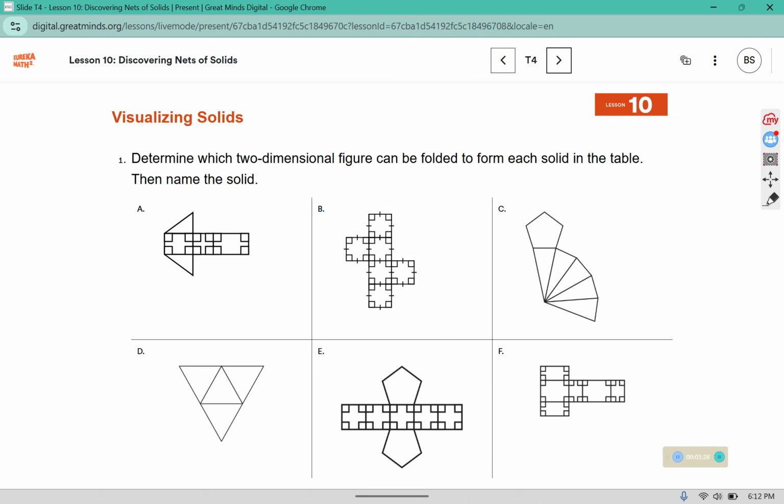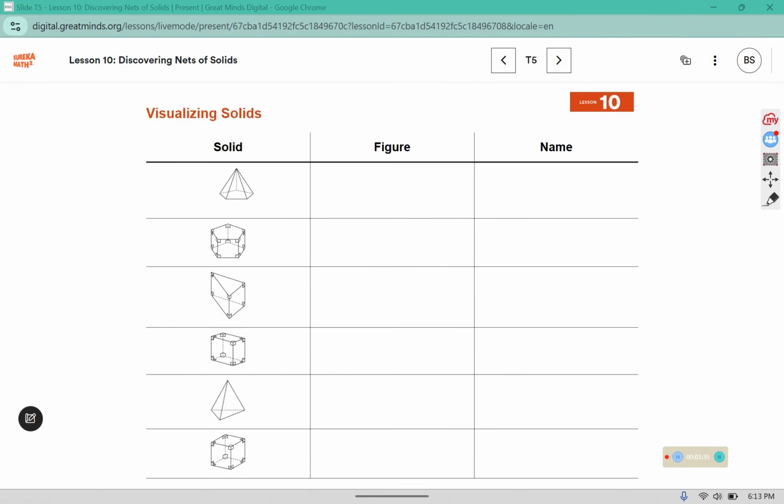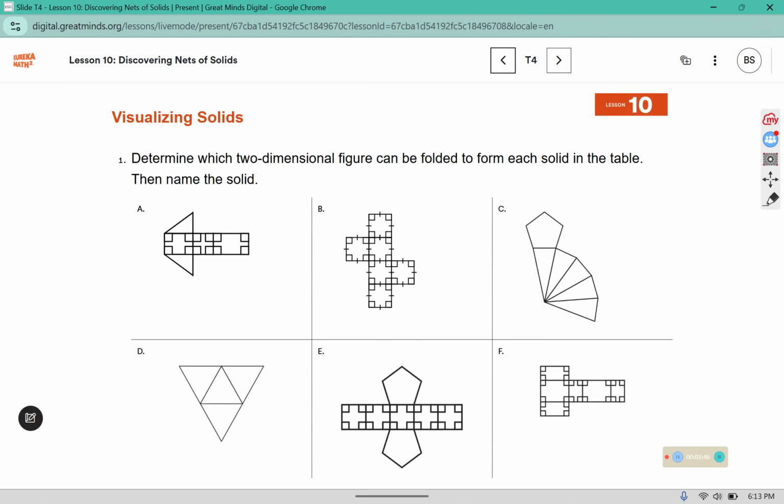Determine which 2-dimensional figure can be folded to form each solid in the table. Then name the solid. Looking at this first solid, I see that the base has 1, 2, 3, 4, 5 edges, and then several triangles coming off of it.